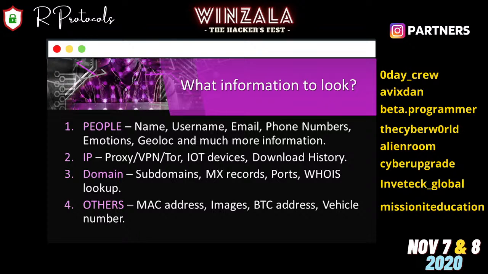Other basic information includes the MAC address of a particular device, images of an organization or a person, Bitcoin addresses, vehicle numbers, etc. These were the basic information I can look for from open source intelligence.